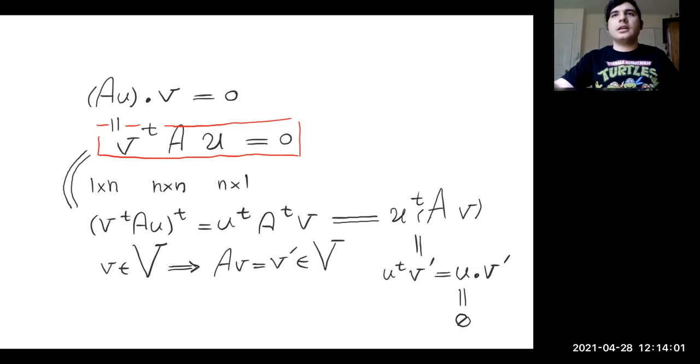Now let's go to the interesting thing which I had in mind when I started to take this path. The very important property about symmetric matrices over R is this one.